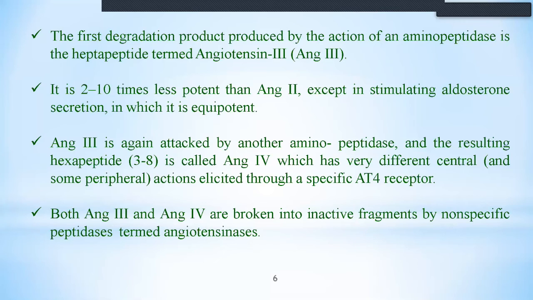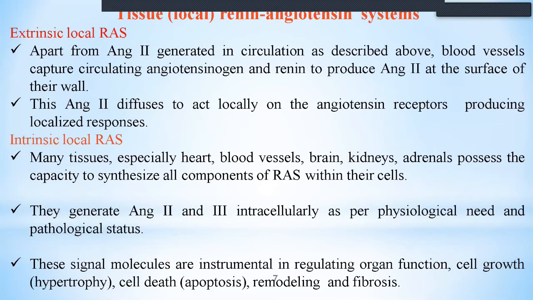Both angiotensin 3 and 4 are broken down to inactive fragments, especially by the angiotensinases. So this tissue local renin-angiotensin system is also active, and there is the extrinsic local renin-angiotensin system.